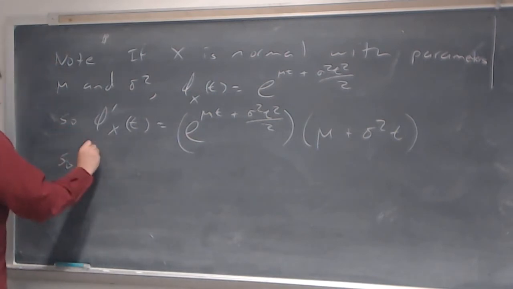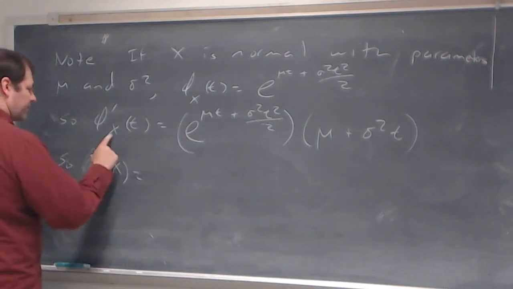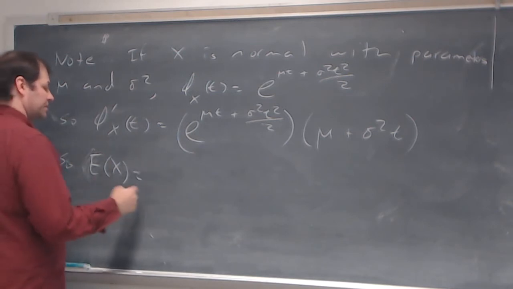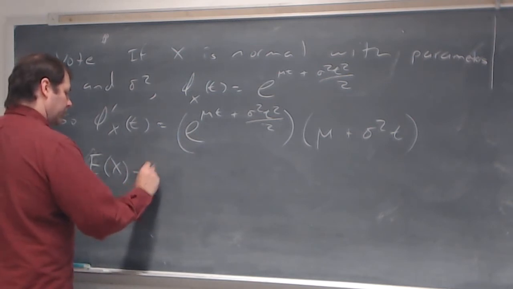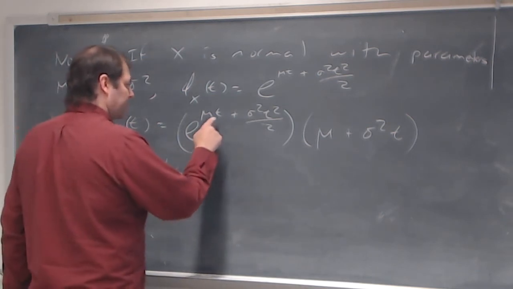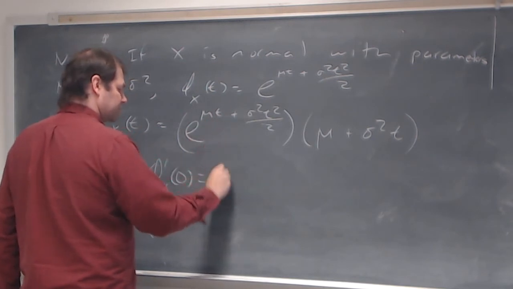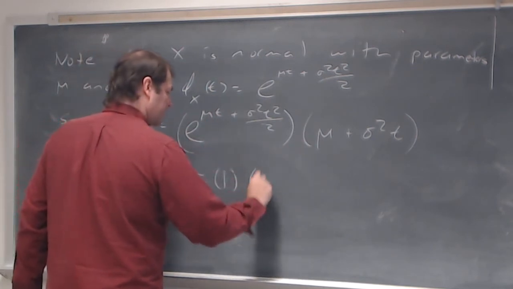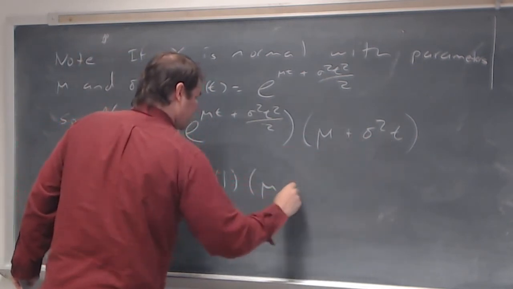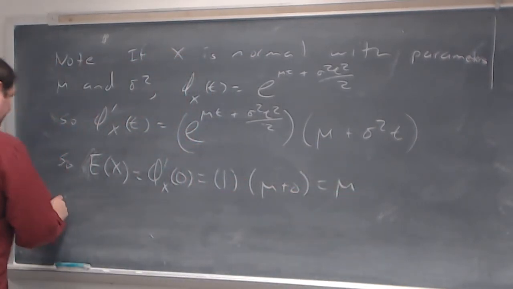And so the expected value of x is nothing more than the first derivative of the moment generating function evaluated at 0. Here, this is e to the 0, which is just 1, and this is going to be mu plus 0. So we end up getting mu, which is the expected value.